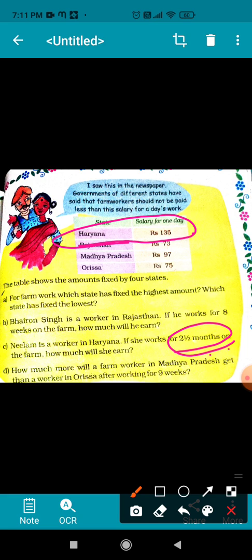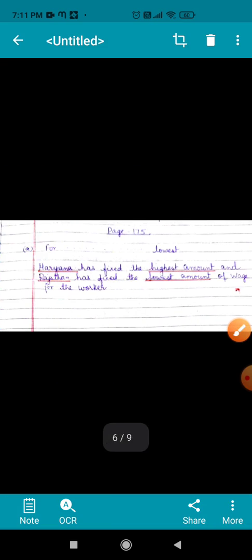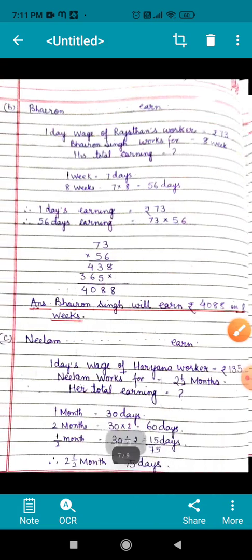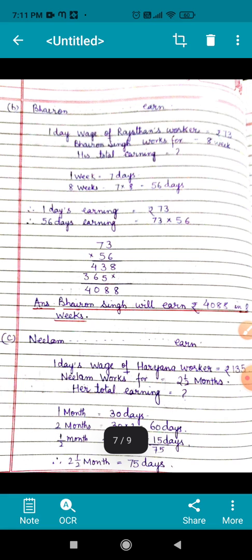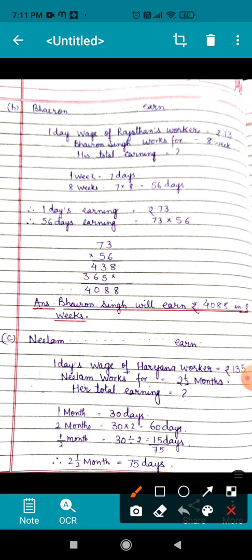So first what you will do, you will convert this month into days, because here 1 day's salary is given. So here you can see I have done for you. 1 day wage of Haryana's worker is rupees 135 and she works for 2.5 months.